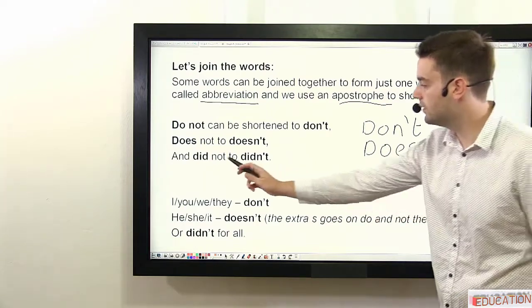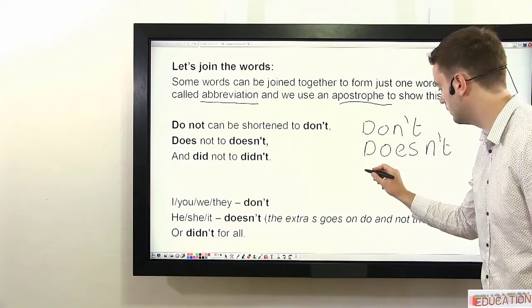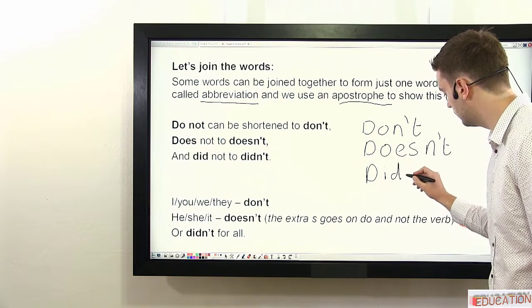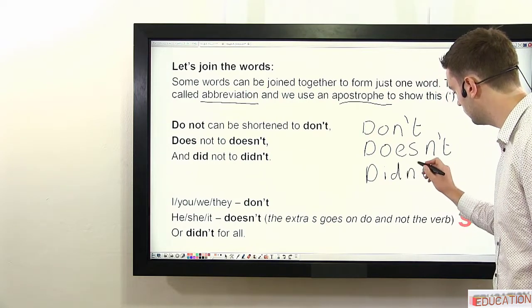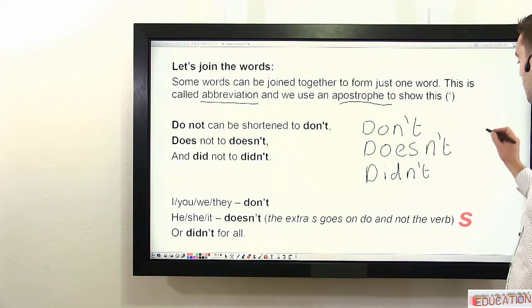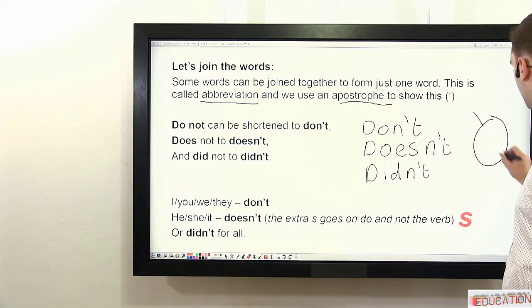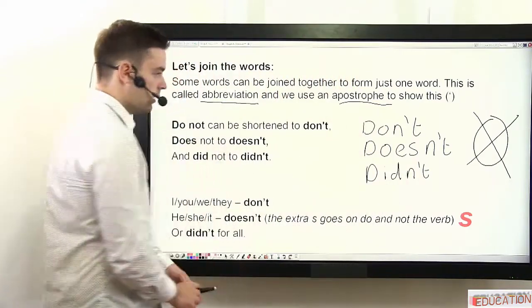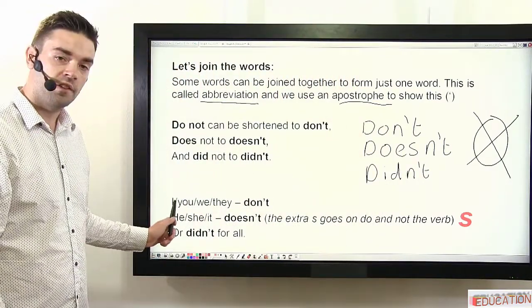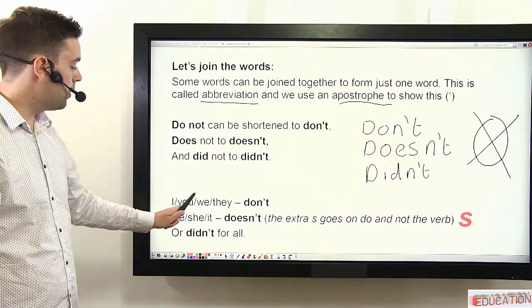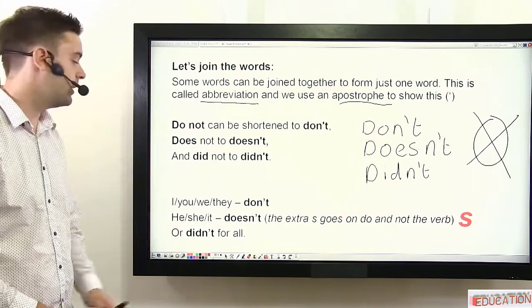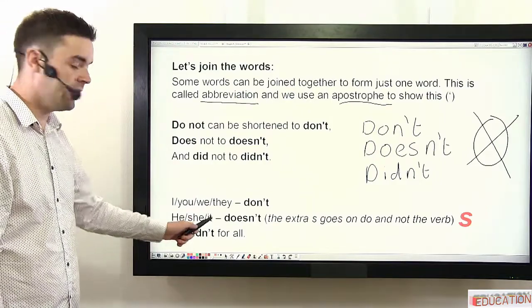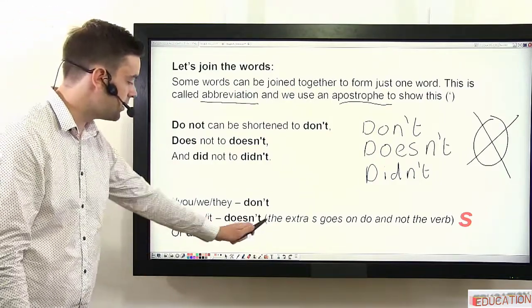You get rid of the O. If the subject is I, you, we, they, then we use don't. If it's he, she, it, it's doesn't.